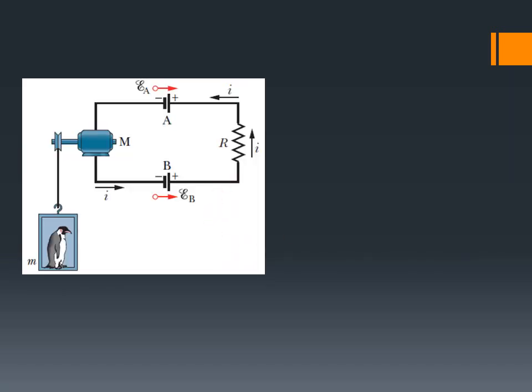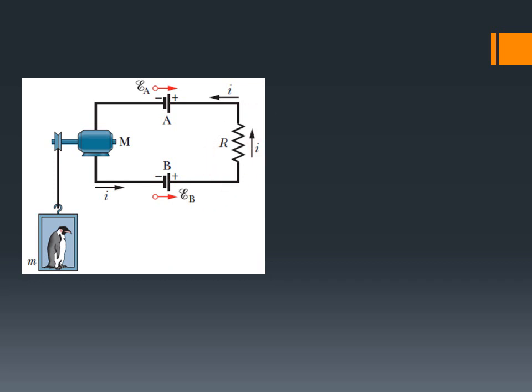Now look here, this is a single loop circuit. Here are two batteries, one is A, the other is B, and we say both are rechargeable batteries. You see the direction of EMF, these red arrows, it always goes from negative towards positive, because these arrows show that charge carriers are lifted from low potential to the high potential.